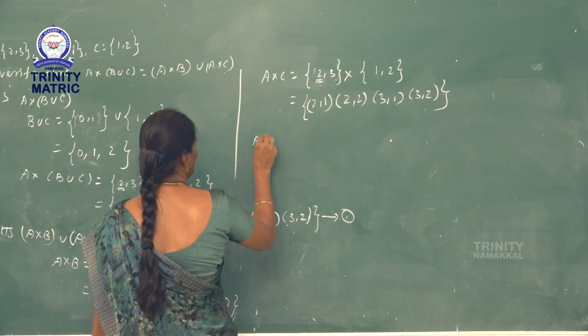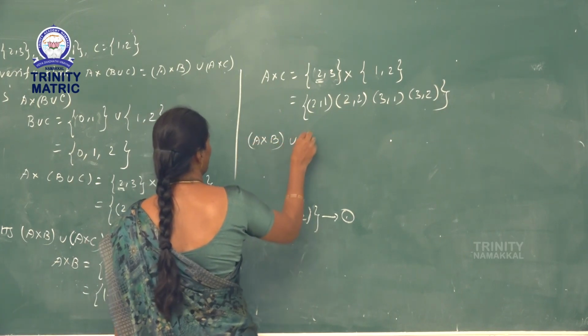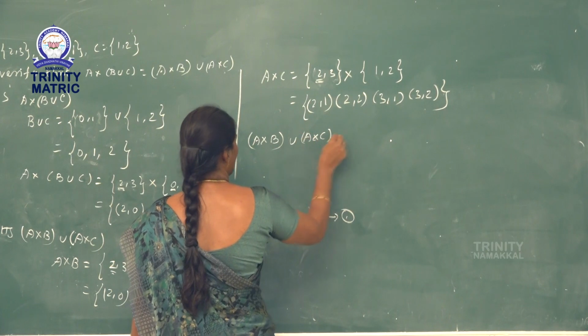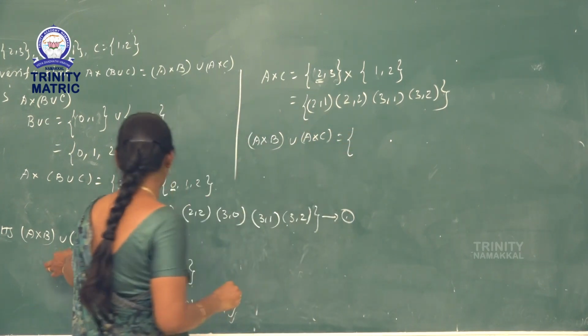Then we take the union: A cross B union A cross C is equal to, what is A cross B?